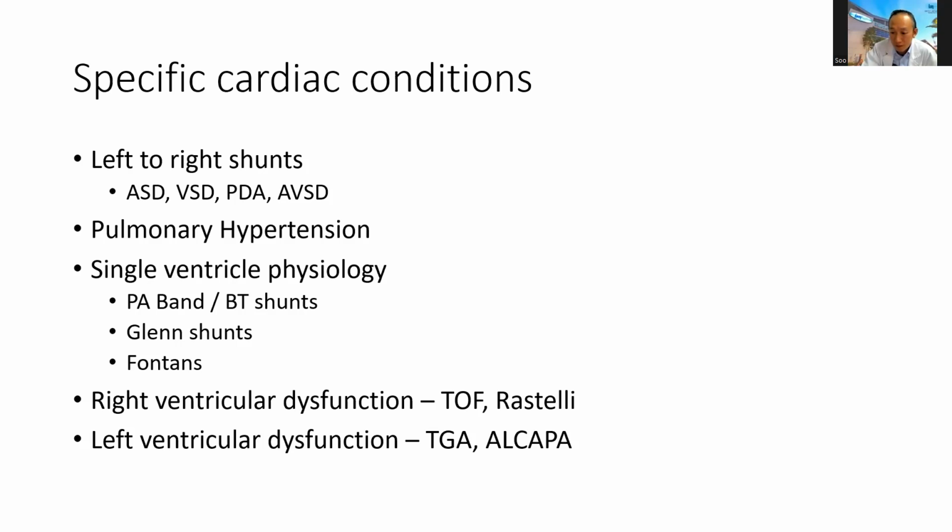Dr. Soo, can you teach us again the ventilator strategy for TGA with the intact ventricular septum, or with the VSD, which is slightly different, right? Sometimes it depends on what we're trying to achieve. Usually for a TGA patient, you don't really need a lot of pressure to ventilate.